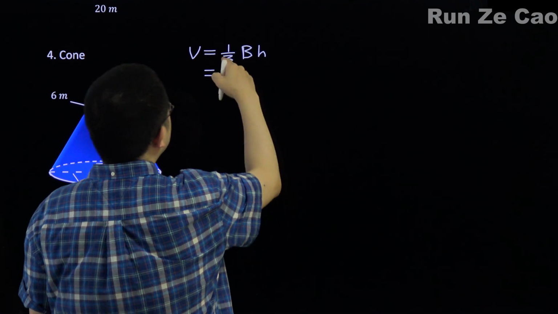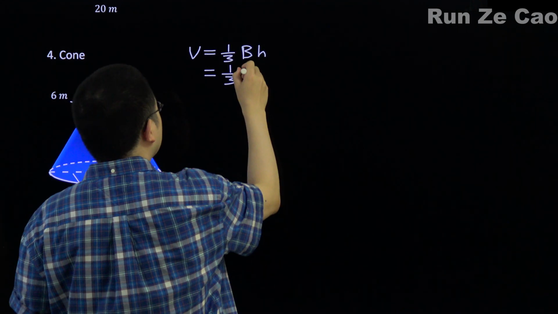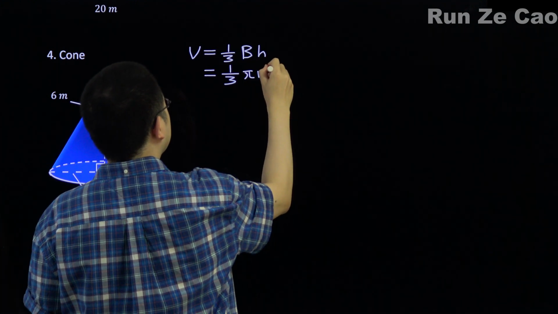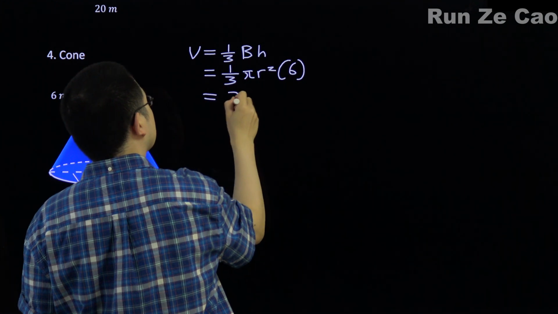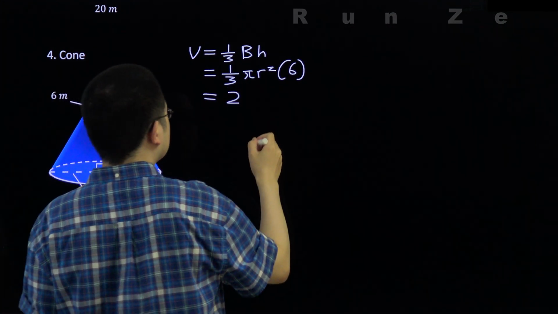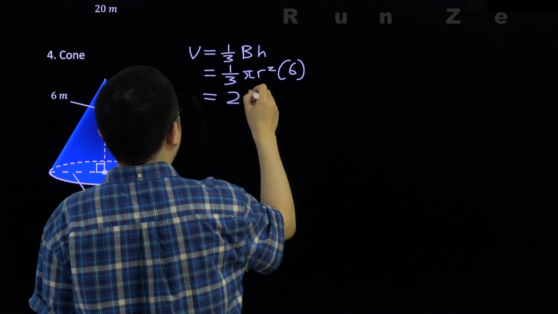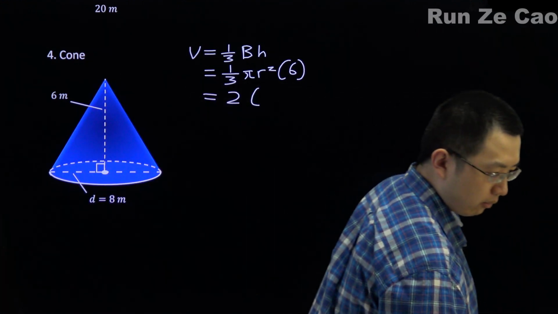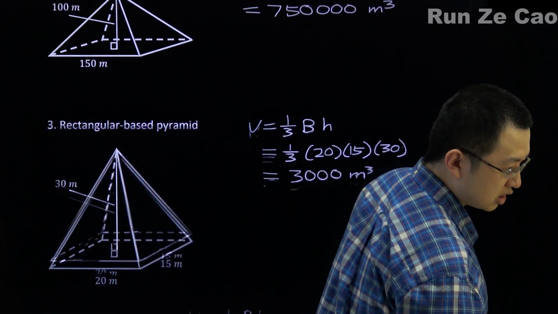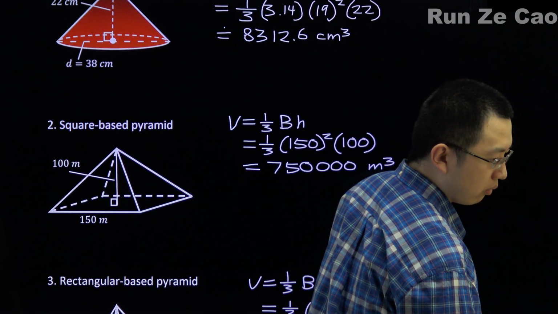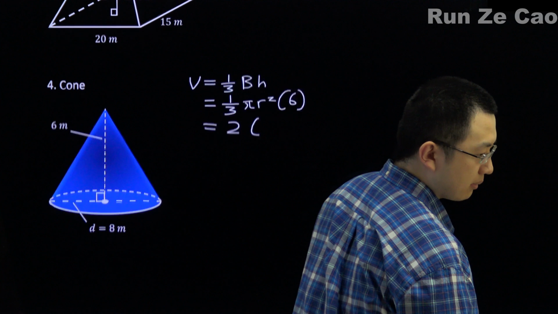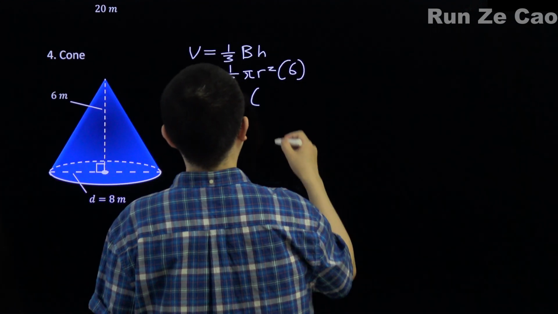In this case, though, since we wrote it like that already, we might as well just substitute the height in already, especially because it's so convenient with the 1/3. So we get 2 times pi. We were told to use 3.14 for pi, right? Let's check. So check back to the problem whenever you need to. And even sometimes when you don't need to, because you don't know what you might overlook.